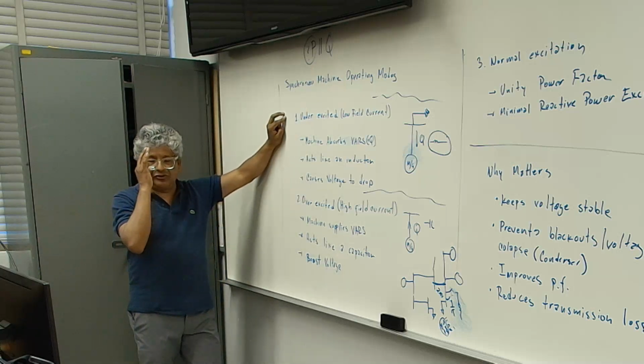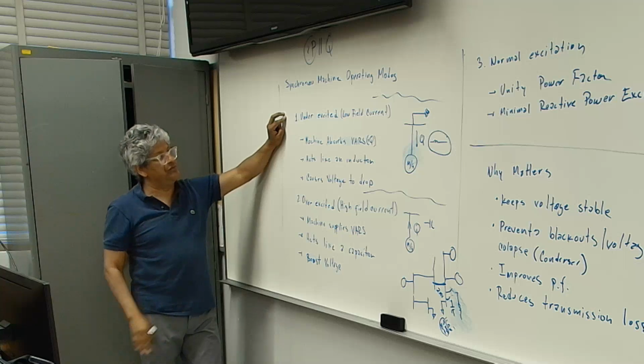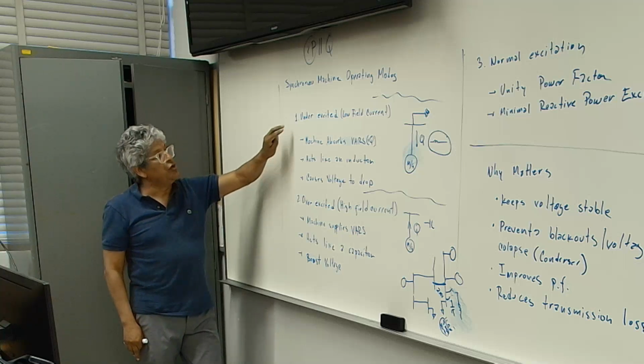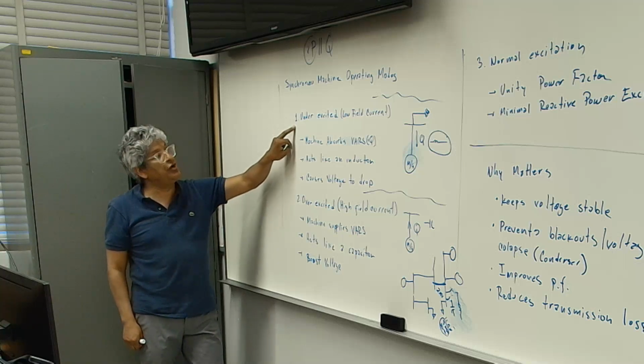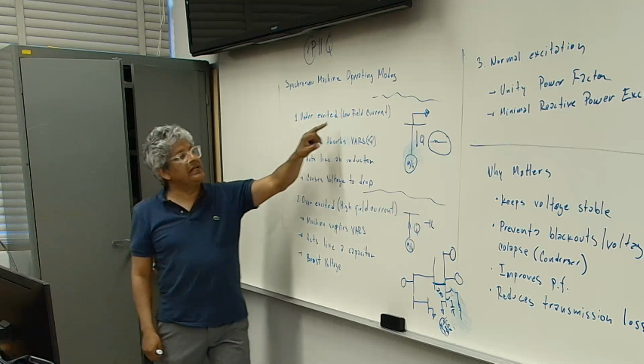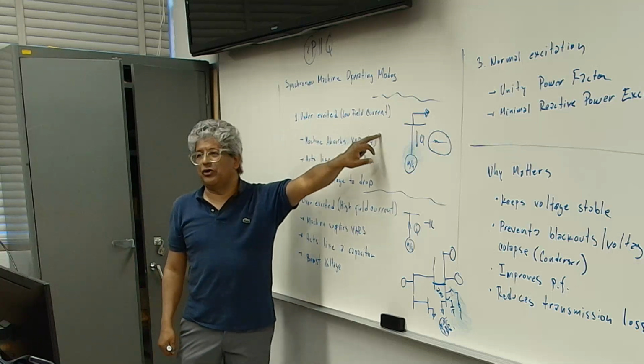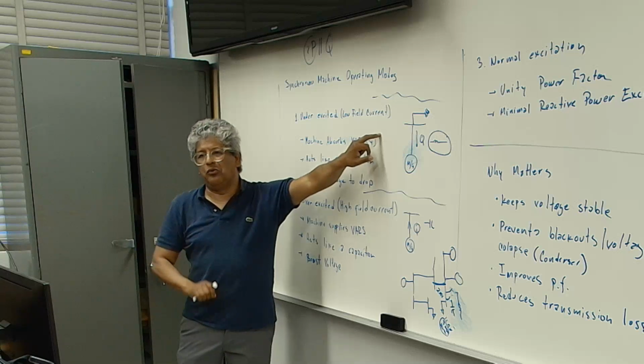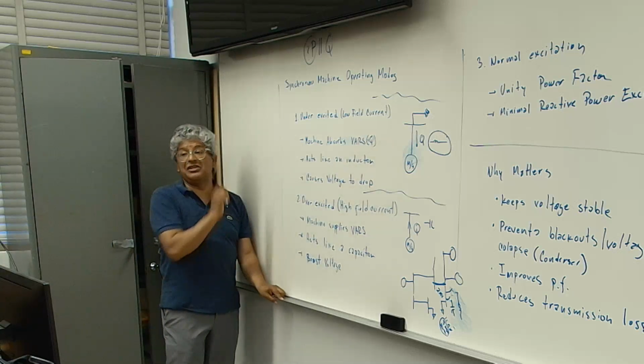There's three operating conditions that you can have the machine running. You can run the machine underexcited, meaning low field current. What does it do when the machine is underexcited?